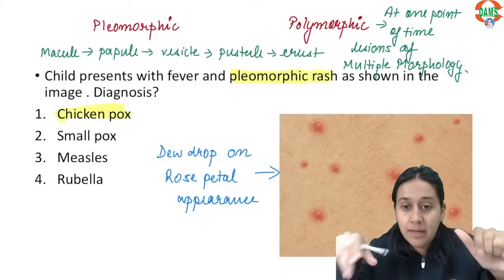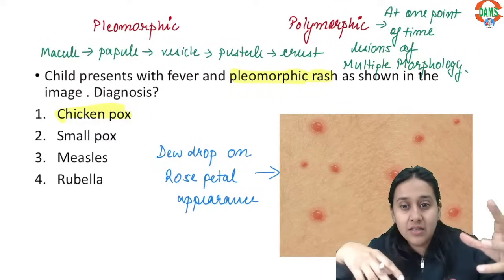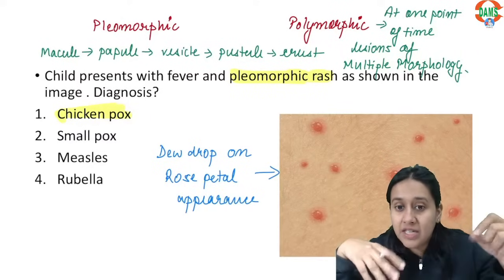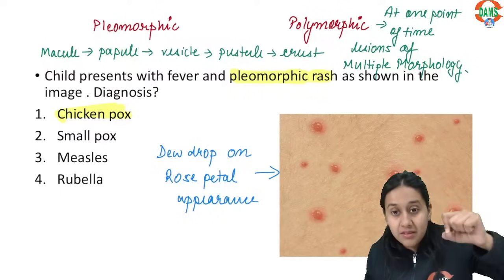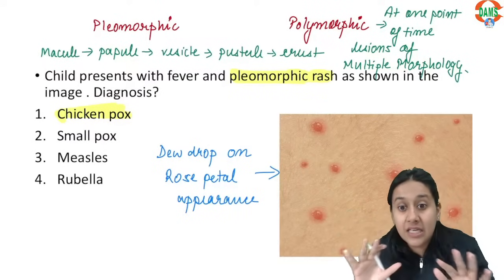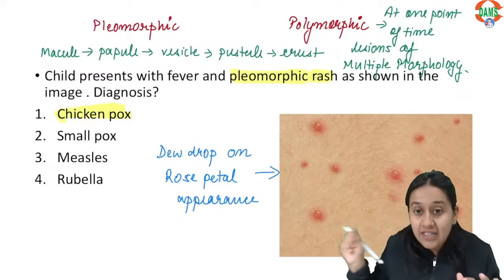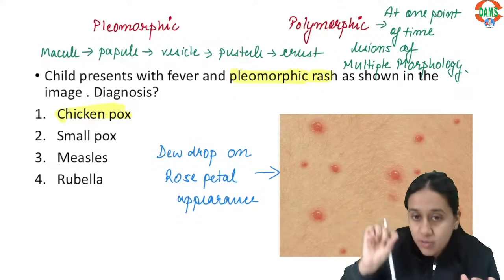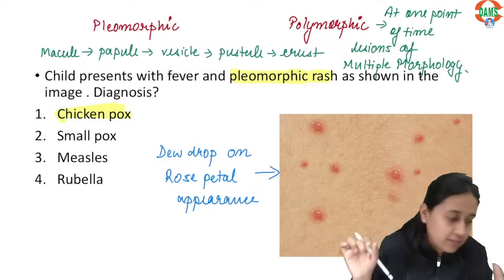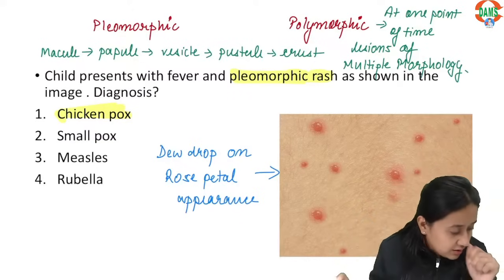Now, students ask me, ma'am, if both of them present with umbilication, how do you differentiate? Please remember, in chickenpox you have vesicles, fluid-filled lesions with umbilication. And in molluscum contagiosum, you develop solid raised lesions with umbilication. So that's two different descriptions. Okay.